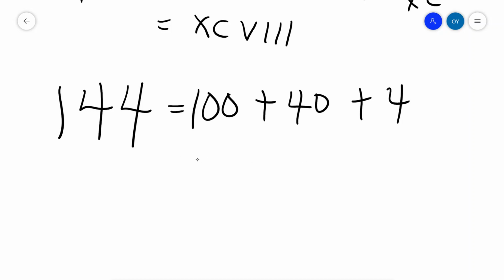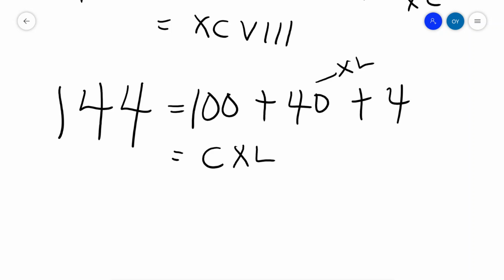So to write this in Roman numerals, we have it to be C plus 40. 40 is XL, because L is 50. So 40 is 50 minus 10. So that's XL.